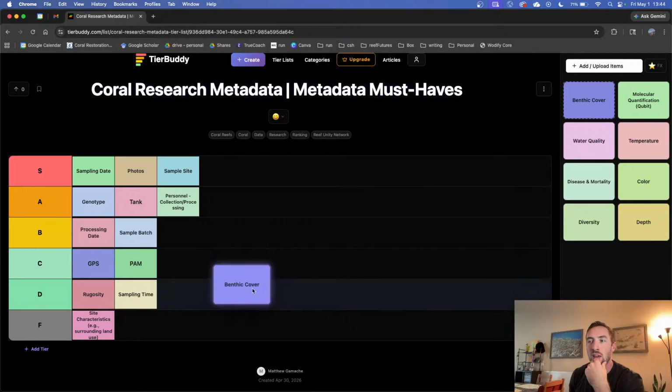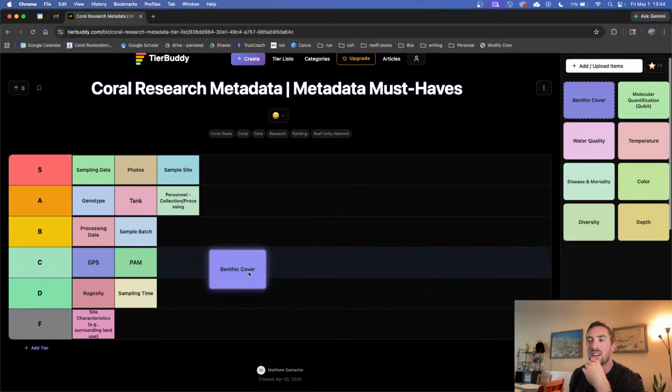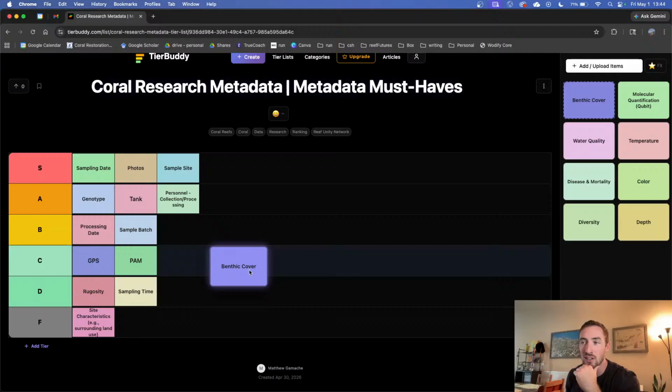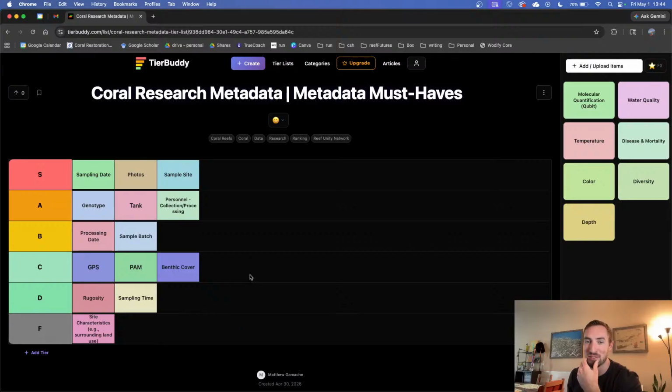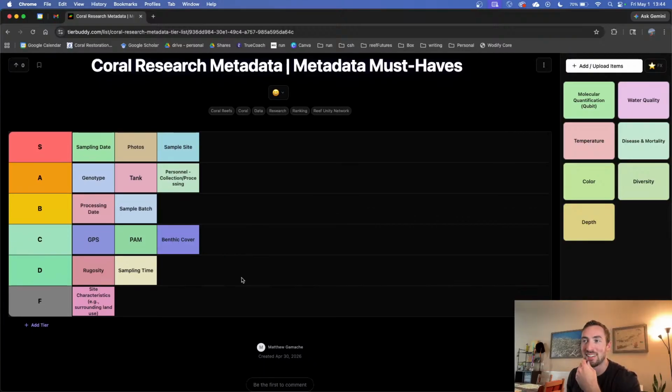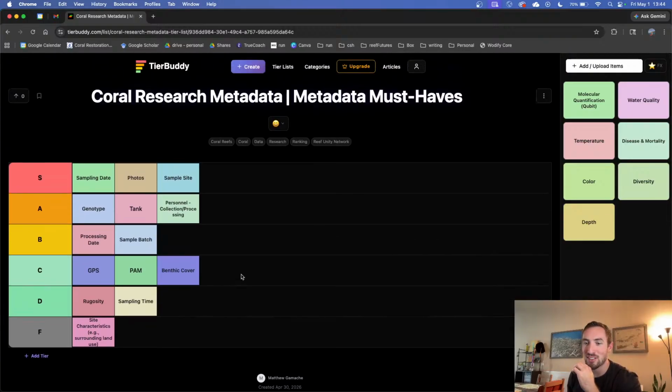I'm thinking it's a little too context dependent for my taste for what we're doing here. But I like knowing the benthic cover too. I'm gonna put it in C for now, because it's kind of a fun thing to measure.